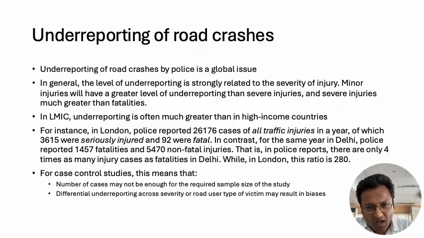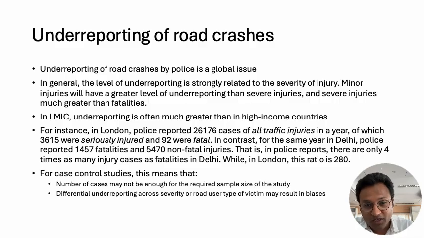But what does it mean for us? One very simple implication of this underreporting is that we have a very small sample of cases to work with. So that's what I'm going to talk about in this lecture going forward, the sample size calculation.